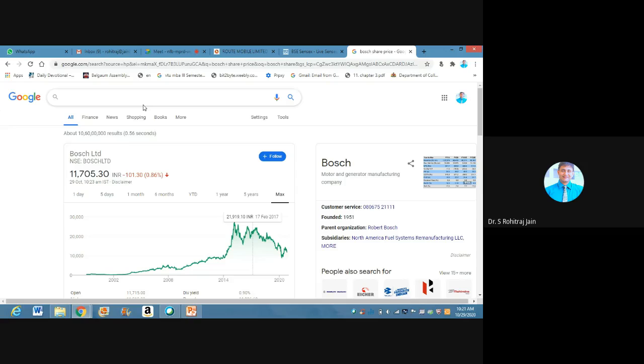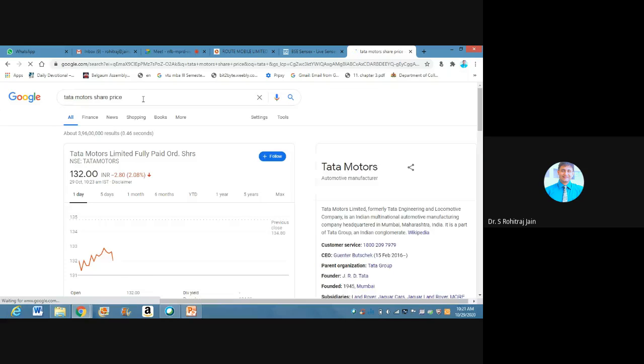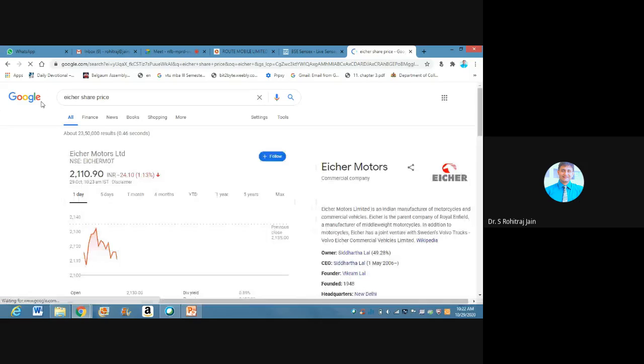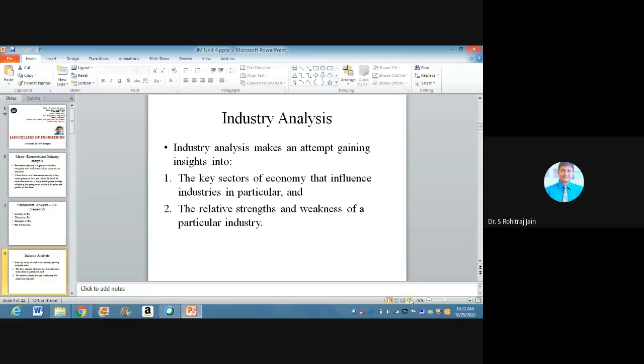First thing is industry analysis, students. In that I need to identify some of the stocks. Like when it comes to automobile, we have Tata Motors, and then we have Eicher Motors, right? These are all listed companies, right? So first we'll do a thorough industry analysis.